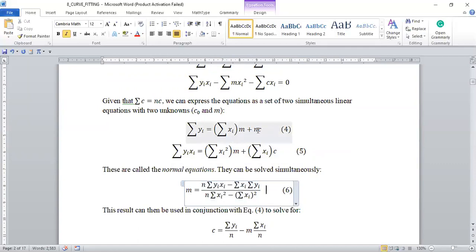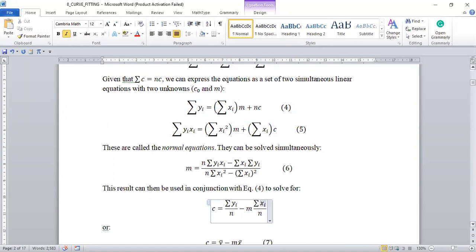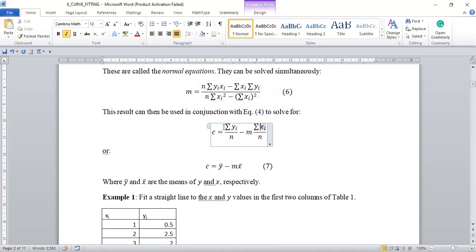Then we'll make c the subject of formula using equation 4. If you make c the subject of formula, you just divide all the coefficients by n, then you arrive at this equation. But the summation of y over n, like you are summing the value of y over the entire number of sets, which is n.